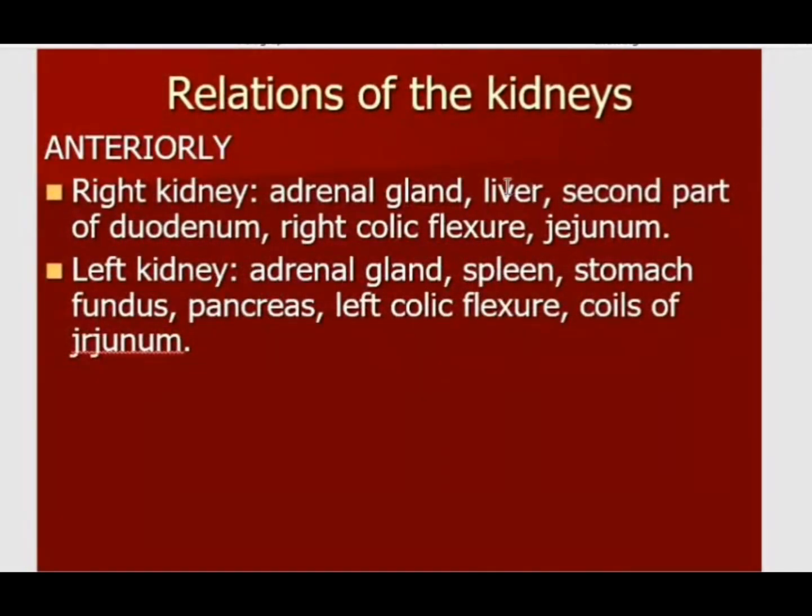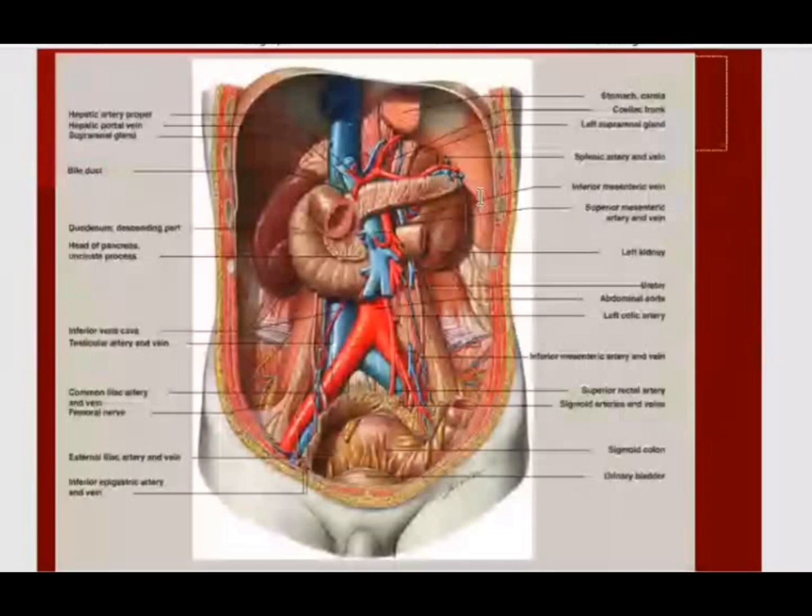The liver, and that is the right liver, covers the right kidney, specifically the superior pole. The second part of the duodenum covers the medial aspect of the right kidney, the right colic flexure, and the jejunum. These structures lie anterior to the right kidney. Let us give an example.